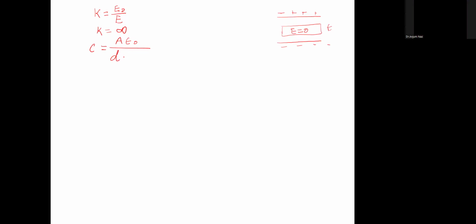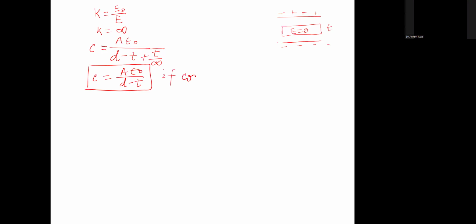d minus t plus t by infinity, that is C will become A epsilon naught by (d minus t) if a conducting plate is introduced between the plates.